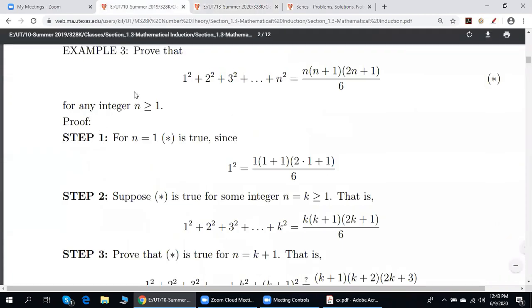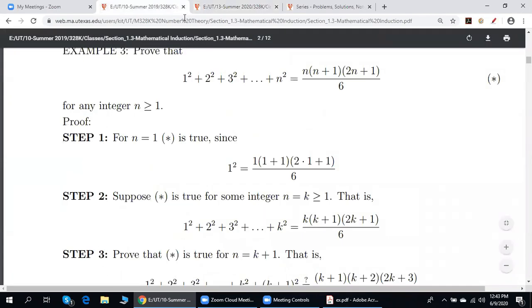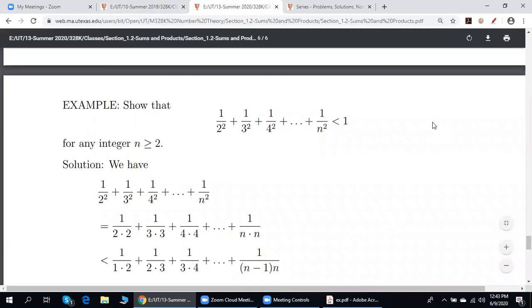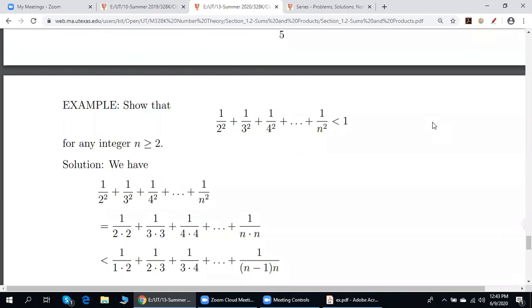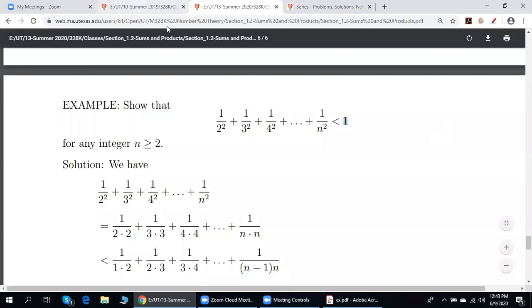However, if you apply step 1, step 2, step 3 here, you will get stuck. And the reason for that is the following. The right-hand side does not depend on n. In order to apply here math induction, you'll have to modify the right-hand side first and then apply math induction.